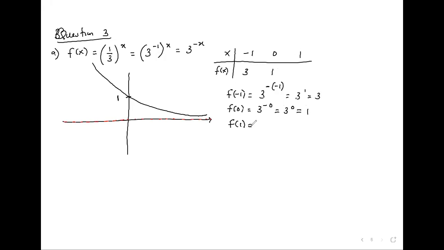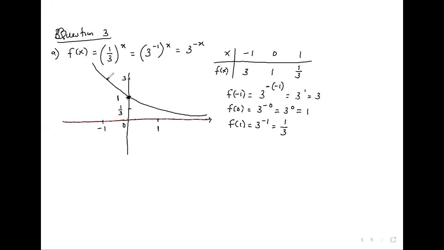F of 1, that is 3 power -1, so we have 1/3. So when you have 1, you get a small number, 1/3. When you have 0, you get 1. And when you have -1, you get 3. So your curve will still be guided by those numbers.